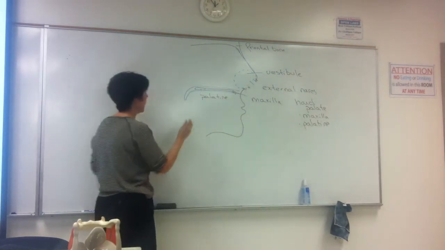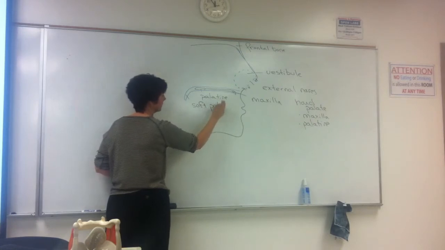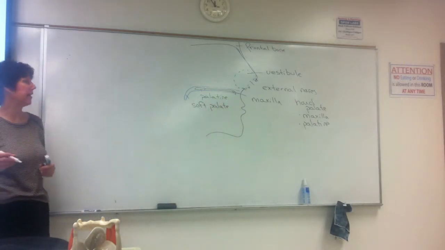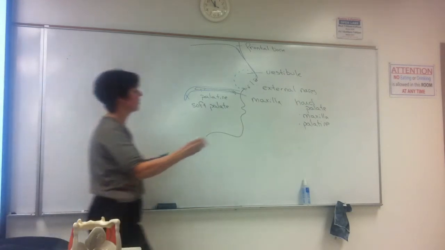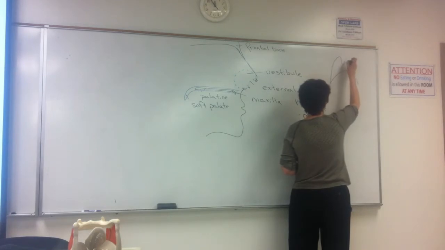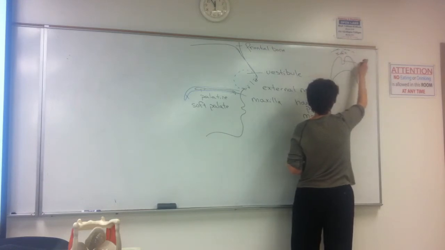And then this would be soft palate. And we saw that when we were looking at the tonsils. Just kind of draw it over here. So up here would be the bone, and then all of this would be soft palate, and this portion would be the uvula.